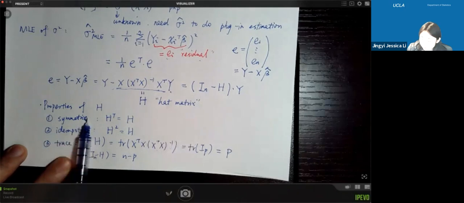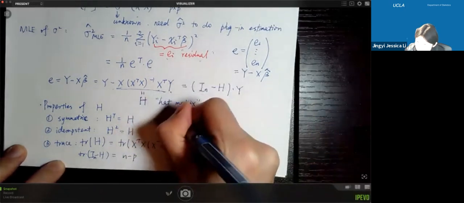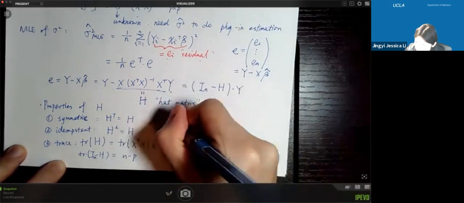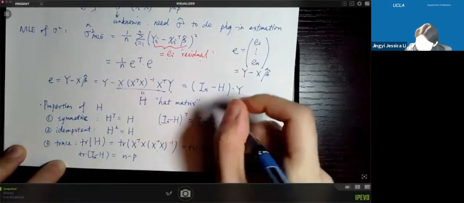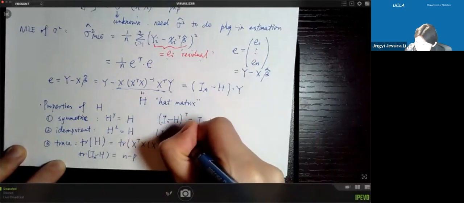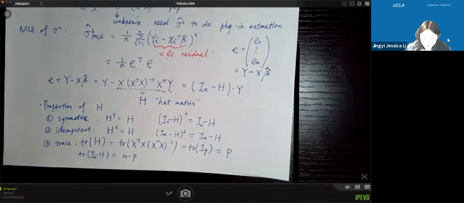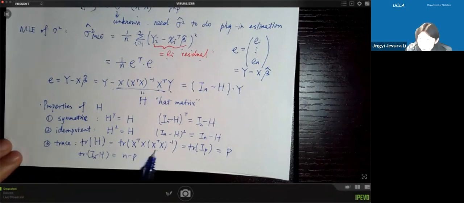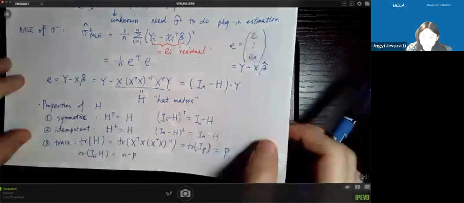The symmetric and idempotent properties also apply to I minus H. So I minus H is still symmetric, and (I_n minus H) squared is still I_n minus H. These are the properties we have for the residual vector, and they will be very useful for our calculation of the bias for the MLE.